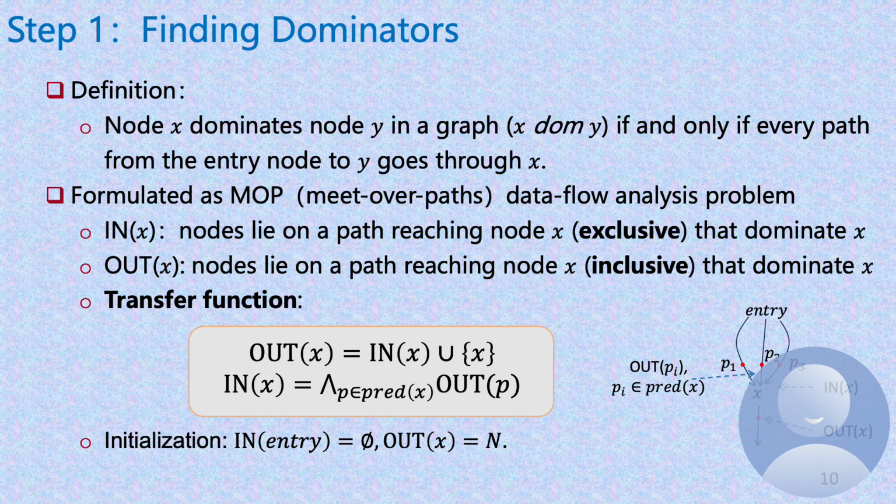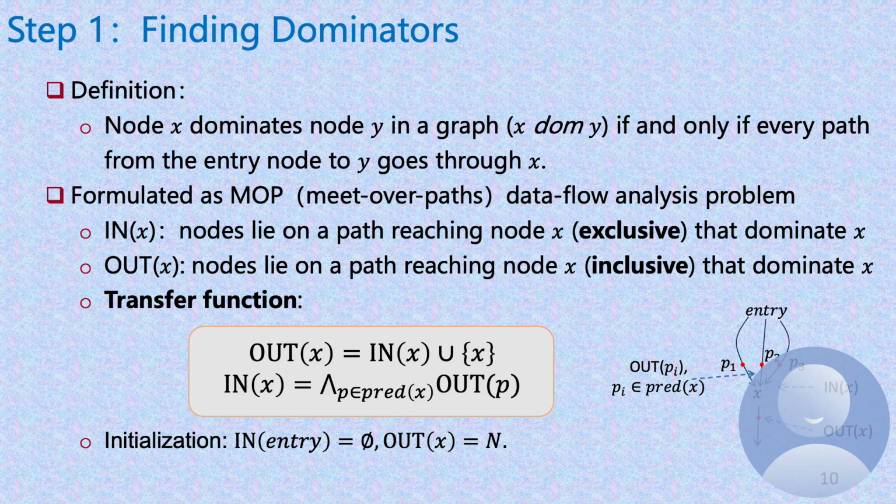And we can compute the in X by intersecting the out value of all its predecessors. That is because the dominators of all the nodes before X must be in all paths that also dominate X. So it must be the intersection of the out values of its predecessors.